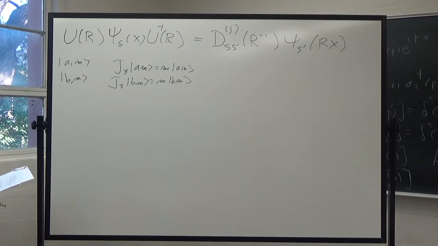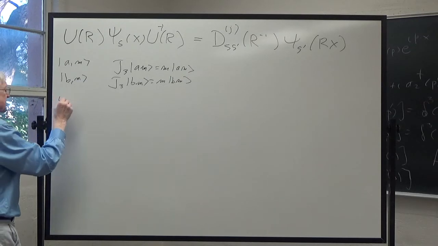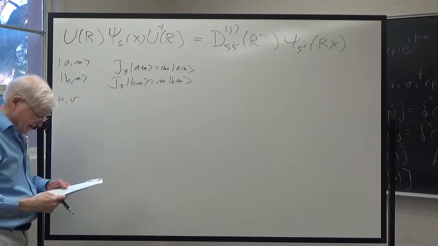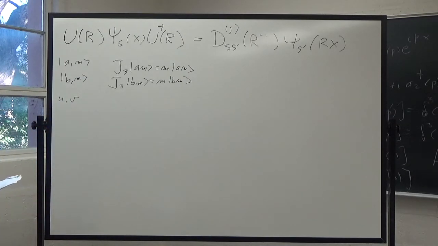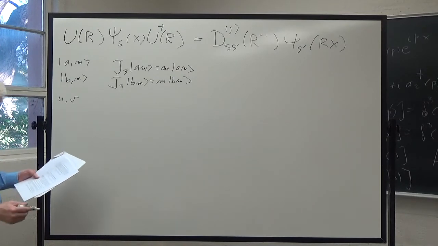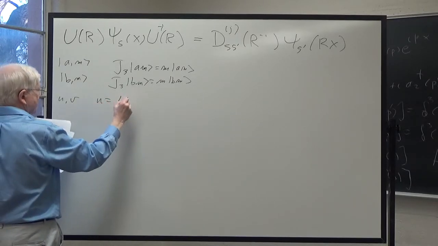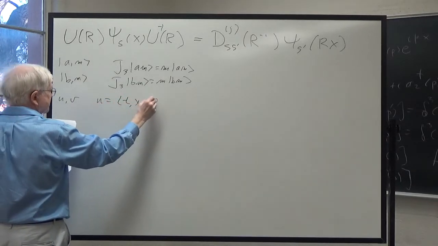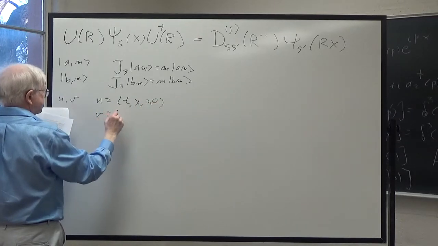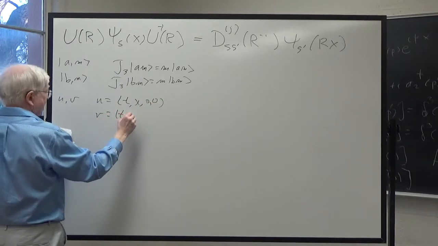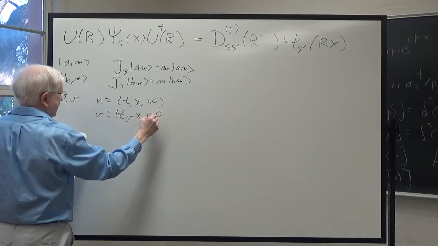Okay. Now, suppose u and v are two space-time points that are space-like, then one can go to a Lorentz frame in which u is equal to (t, x, 0, 0) and v is equal to (t, minus x, 0, 0).